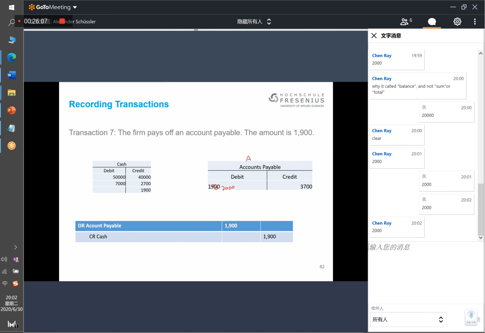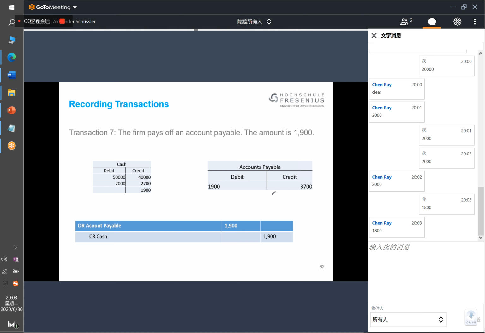What about accounts payable? Or did we already do accounts payable? No, we have to do accounts payable. What's the balance? Any idea?